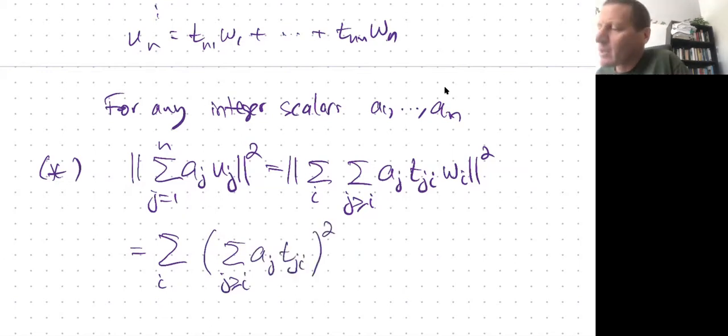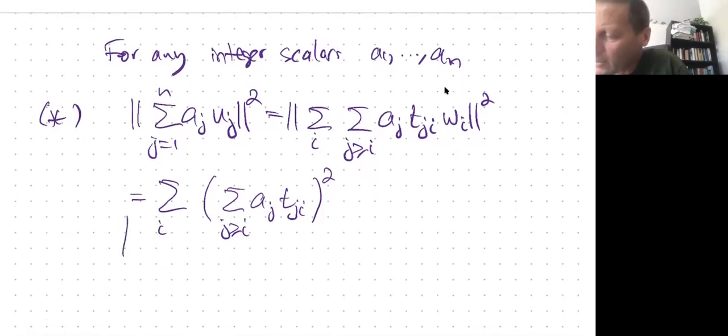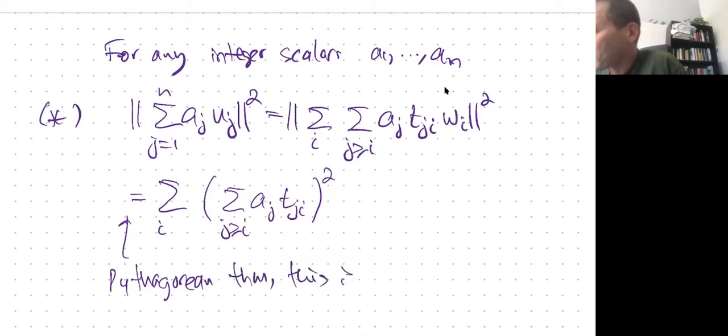The norm squared of a vector, which is expressed as a linear combination of an orthonormal basis, is the sum of the squares of the coefficients. This is the Pythagorean theorem. So this is where I used the fact that we're using the Euclidean norm, the L2 norm.